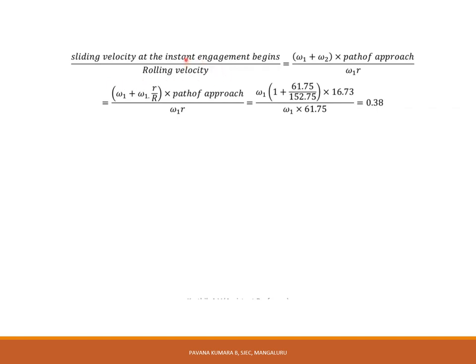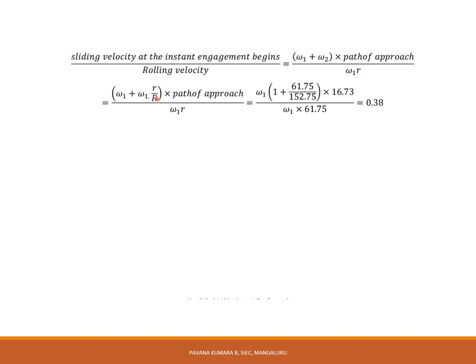Next, they told you to find out sliding velocity at the instant engagement begins. For this the formula is omega 1 plus omega 2 into path of approach divided by rolling velocity, where the formula is omega 1 r. So just substitute omega 2 in terms of omega 1.